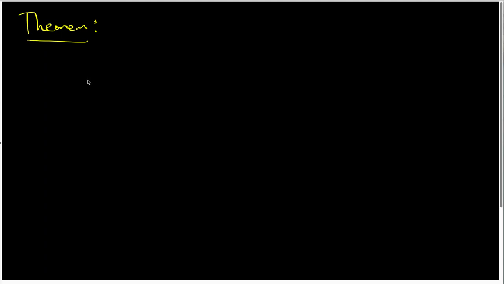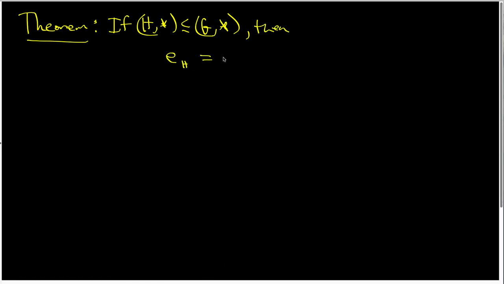In all of the examples of subgroups that we have looked at so far, the identity element in the big group and the identity element in the smaller group were one and the same element. In other words, if H under times is a subgroup of G under times, then the identity element for H is going to be equal to the identity element for G.